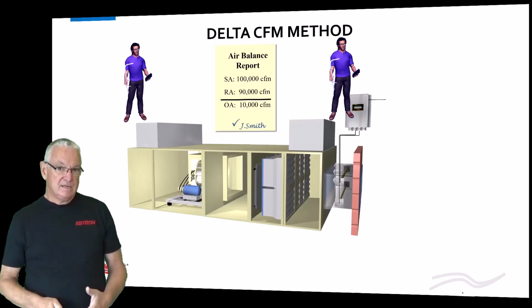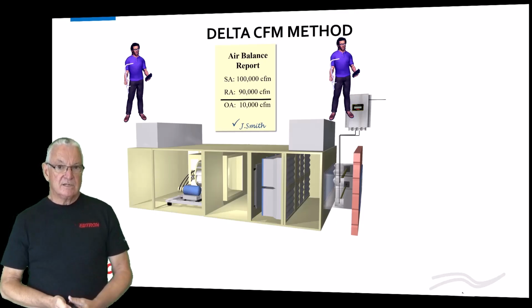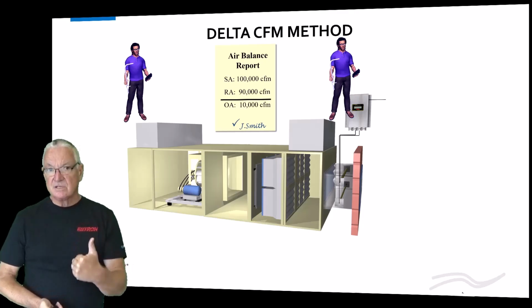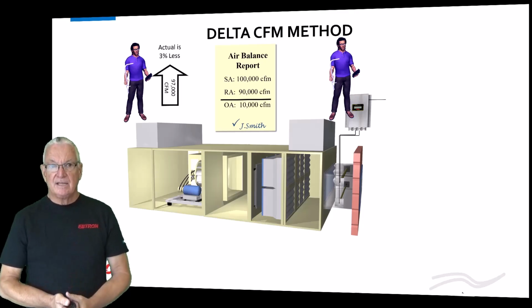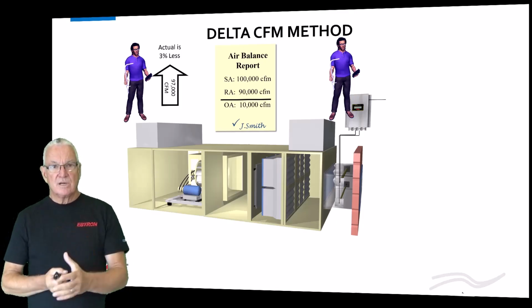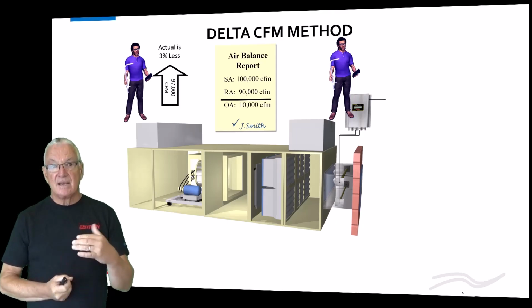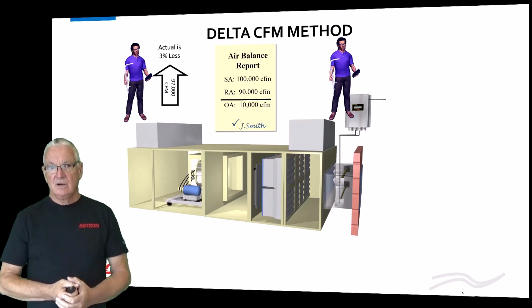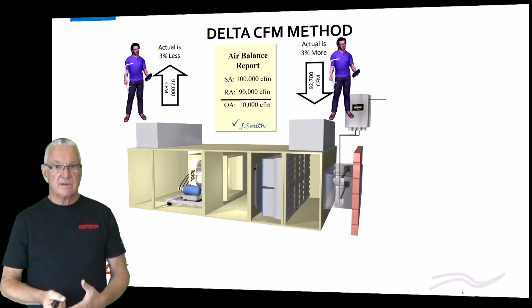So that means when I'm reporting 100,000 CFM, I could be plus or minus 3% of that. And so I'm going to look at, what if I was 3% less? That's what plus or minus 3% means. So when I reported 100,000, I really had 97,000. Okay, and return error, plus or minus 3%, what if it's 3% more?